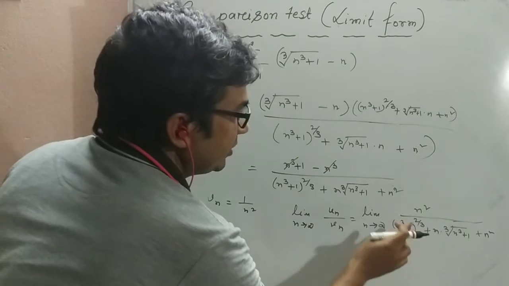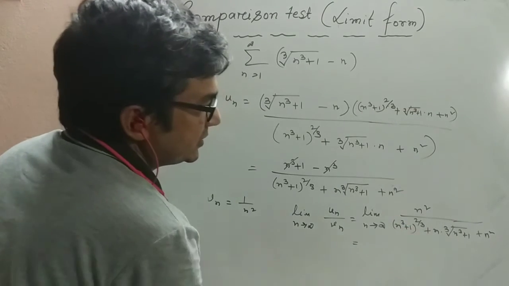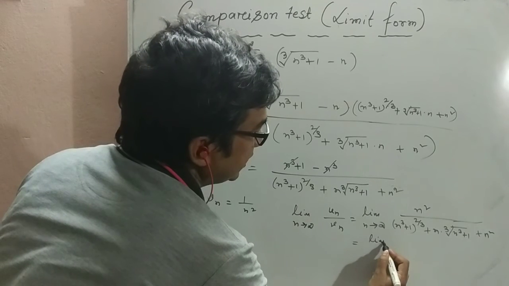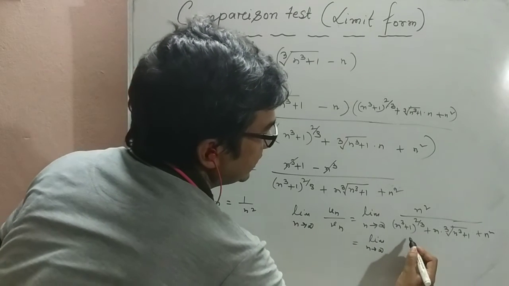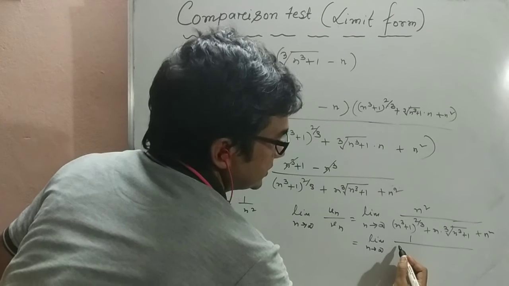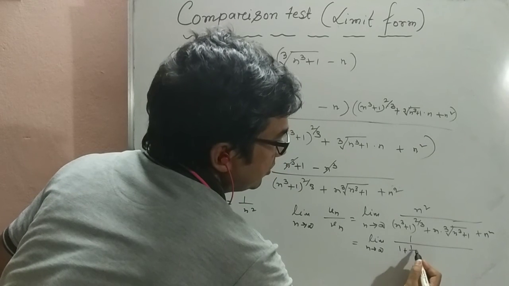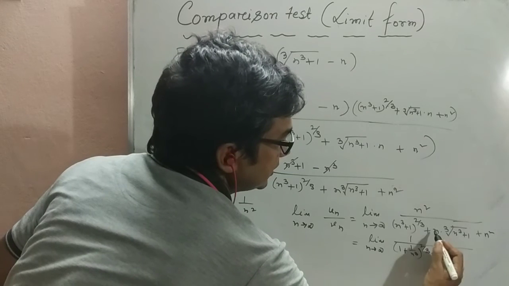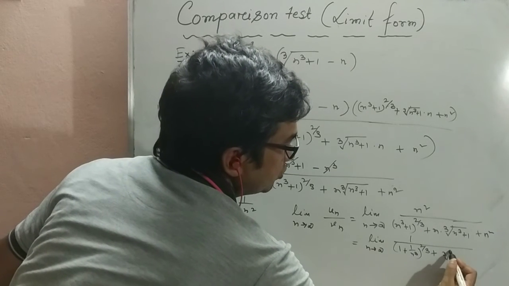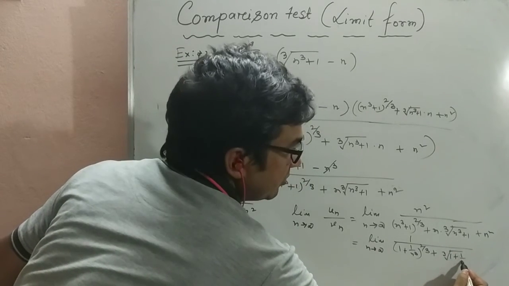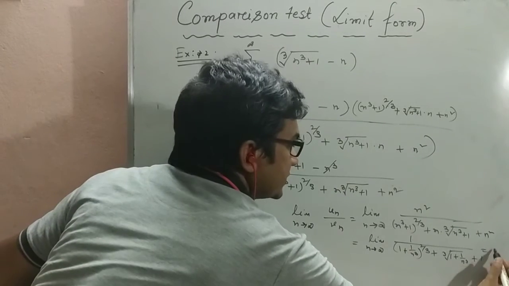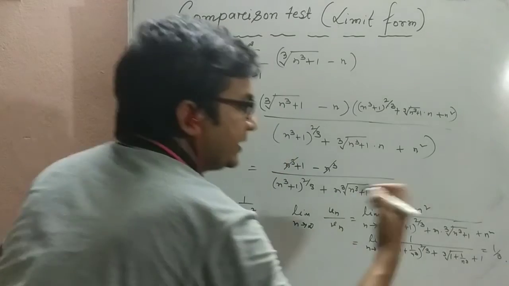And if we divide numerator and denominator by n square, then we get limit n tends to infinity 1 by, this is (1 plus 1 by n cube) whole to the power 2 third plus this is cube root of (1 plus 1 by n cube) plus 1, and this limit is obviously 1 third, that is finite.